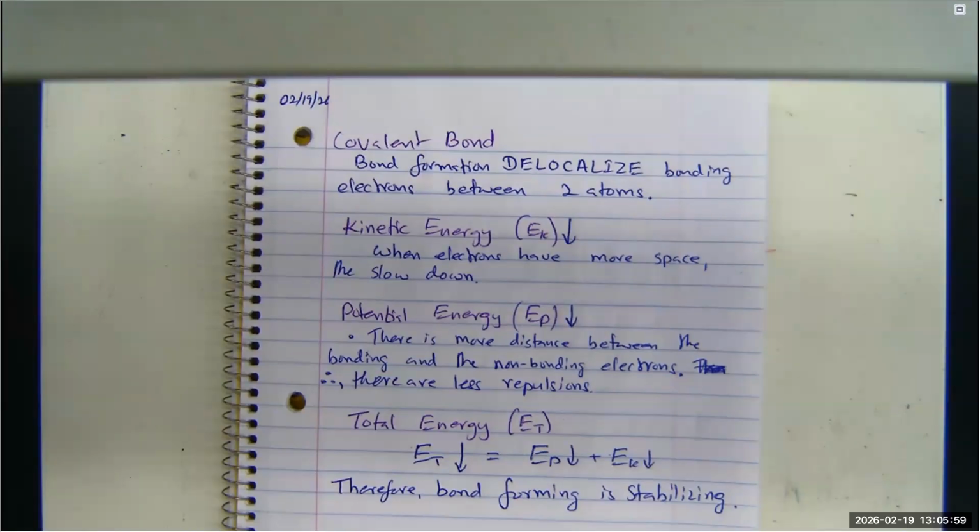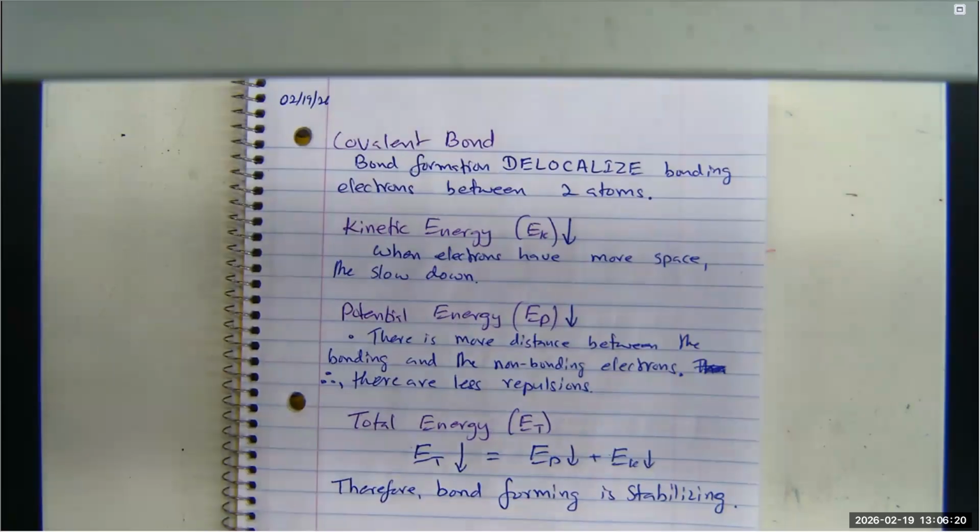That increases the kinetic energy because electrons have less space to move around, and that increases the potential energy because there are more repulsions between the electrons. As a result, bond breaking requires energy. We need to provide energy to break bonds.